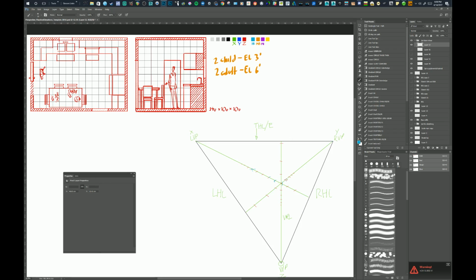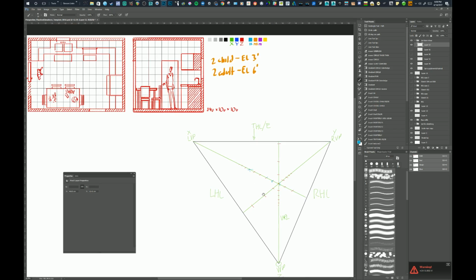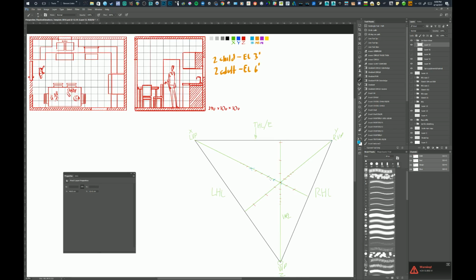And then on the right hand side, it's going to be coming forward in space, so we don't have to worry necessarily about that. We just have to worry about where it's going to meet 1 unit back, 5 units to the left, and then 1 unit down, right? And then once we have that, we can then build the front of our table and move it forward in this direction. And then we'll know that that's the front. We don't need to worry about the back because it is outside of the view. Right.